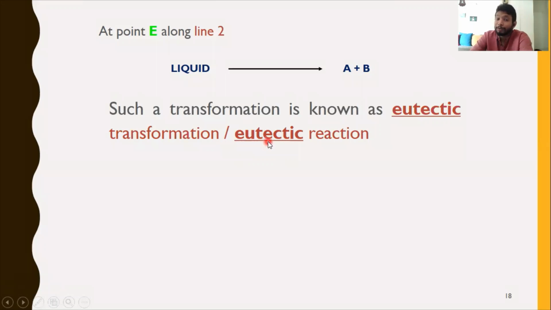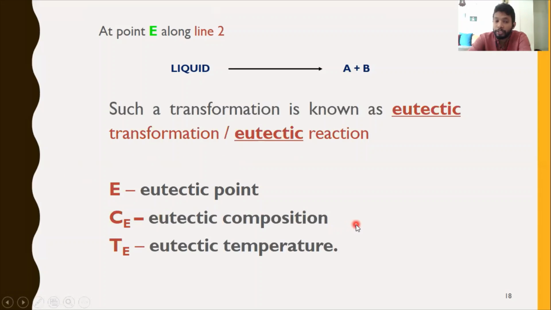There are more than 5 or 6 words like this: eutectic, eutectoid, peritectoid. Likewise, different reactions are there in this phase diagram. I will explain those things, and I will tell you an easy way to remember them. So bear with me for some time. Now this point we are calling the eutectic point, this is the eutectic composition, and this is the eutectic temperature.